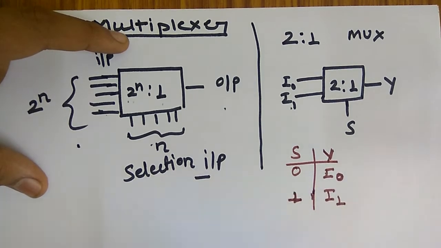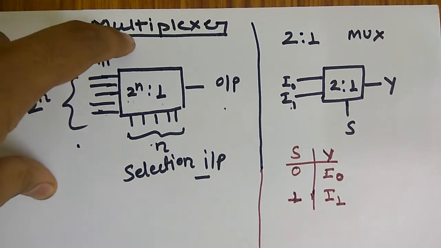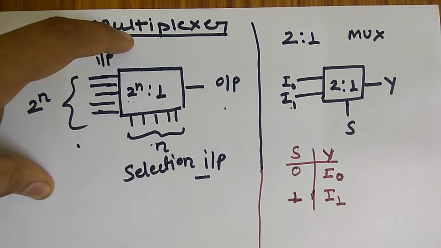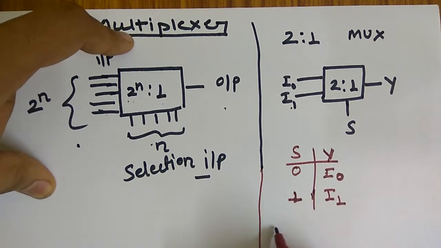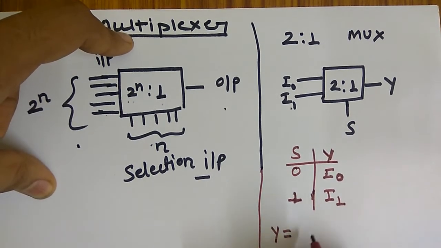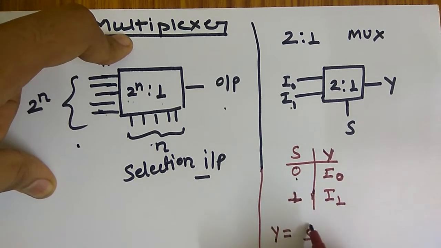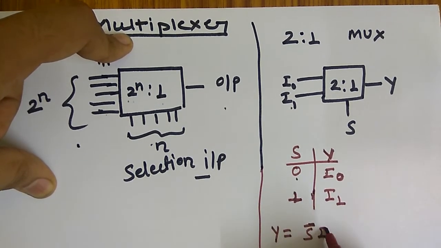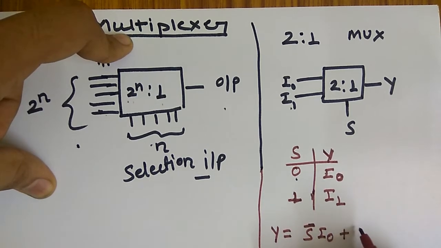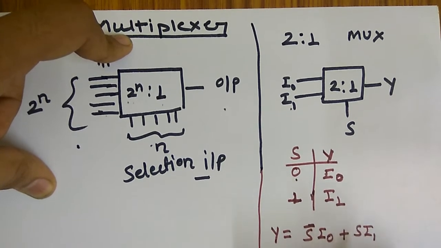Then we have to write the equation: Y is equal to S bar into I0 plus S into I1.